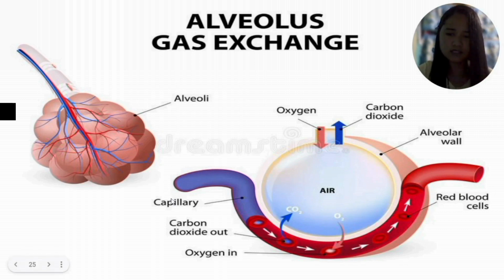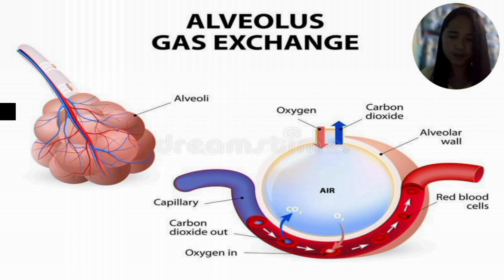The walls of the alveoli share a membrane with the capillaries. That's how close they are. This lets oxygen and carbon dioxide diffuse or move freely. So, between the respiratory system and the bloodstream, oxygen molecules attach to the red blood cells, which travel back to the heart.